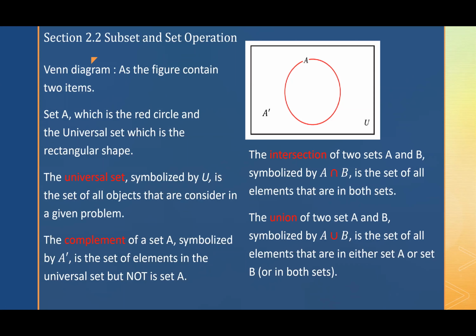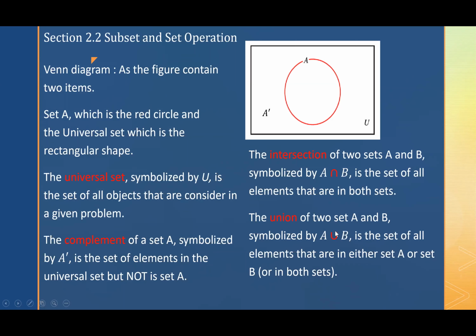And the union of the 2 sets, set A and set B, uses the right-side-up U here. A union B is basically what elements are inside A or inside B, right? Meaning the union combines the 2 sets together, unites the 2 sets together.